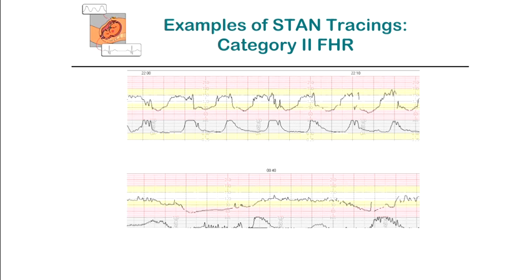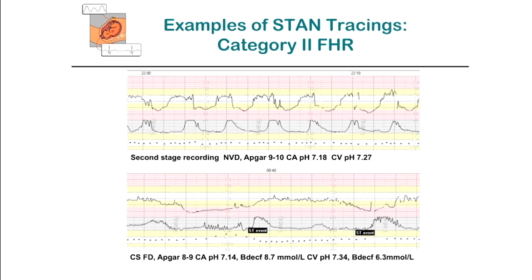Let's look at another pattern. Again, similar thing. Let's say again 5 centimeters, and she's having these decelerations now. This is still a category 2. So this is what I was saying before, that category 2 is indeterminate, and we need some additional information to decide what to do. Some of us may section both of these patients. Some of us may section one but not the other. But we really don't have a good way to know what to do.